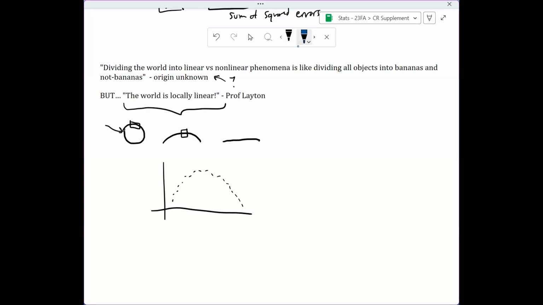But maybe what I could say is, if I restrict my point of view to speeds less than 40 miles an hour, and I get rid of this whole bit over here, now all of a sudden a linear model does a pretty decent job, right?